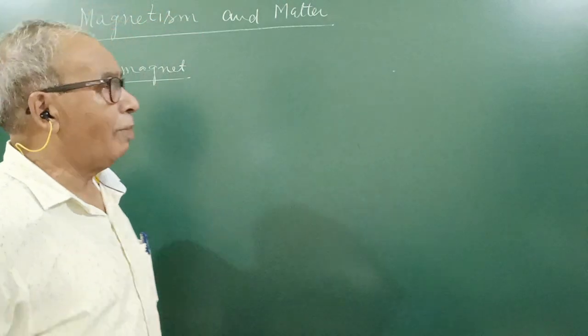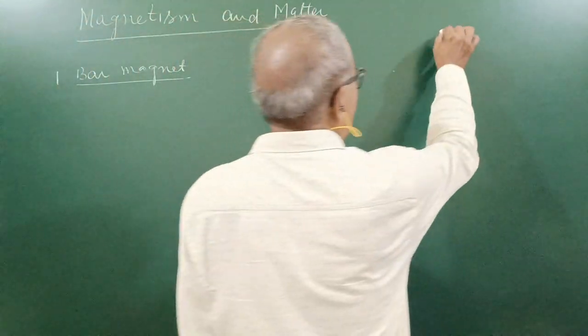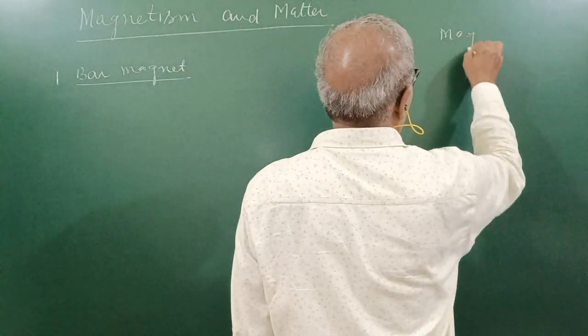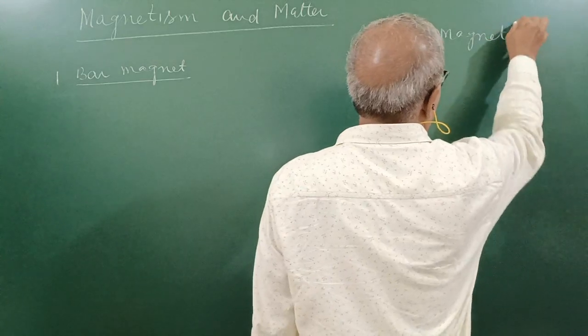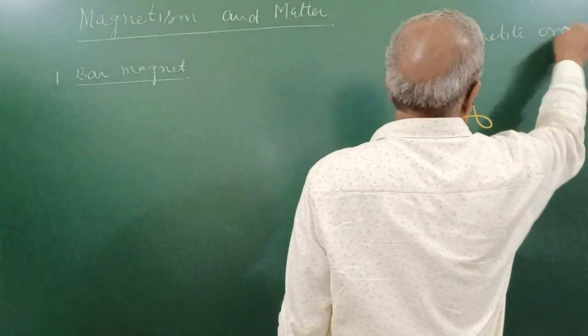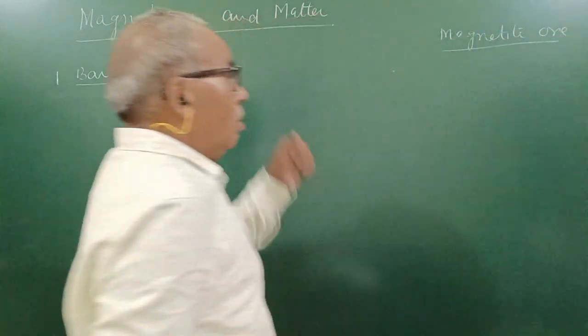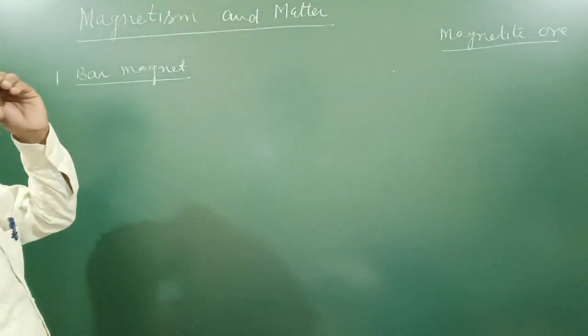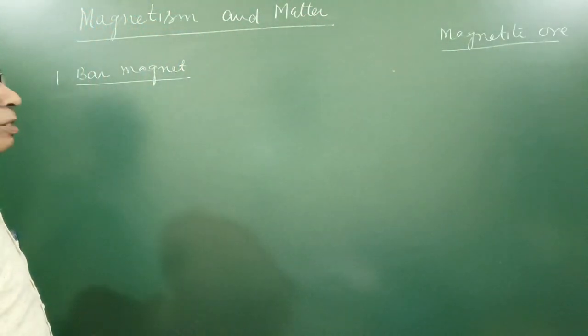So the name came from there: magnetite ore of iron. It was given the name lodestone because it was telling direction.